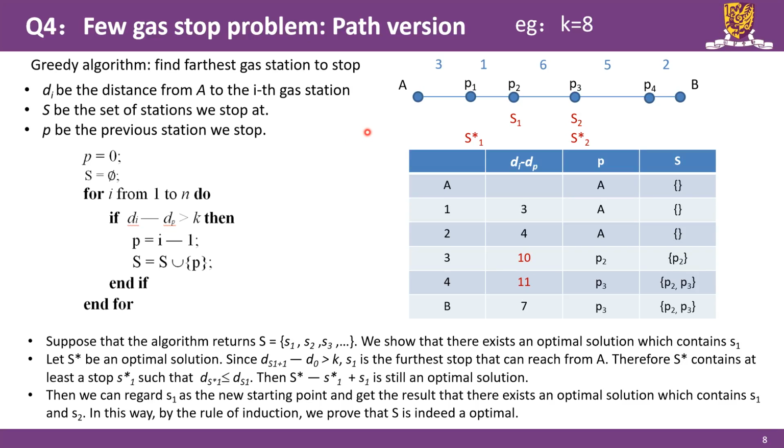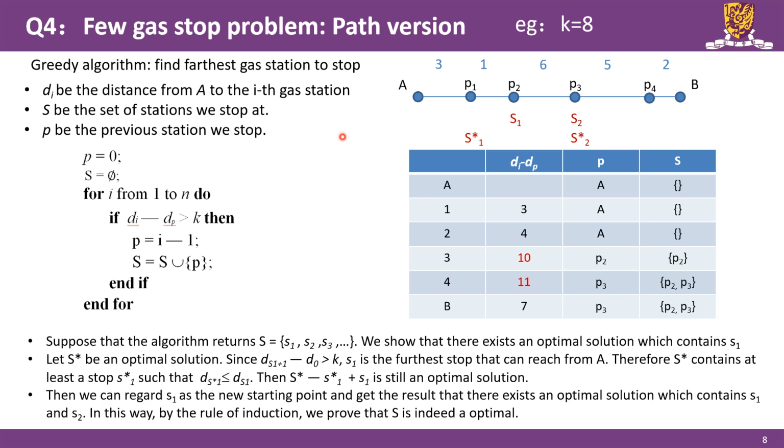The thing we want to show is that among all the possible optimal solutions for each particular case, so for this case, the optimal solution will include this solution and also this solution.